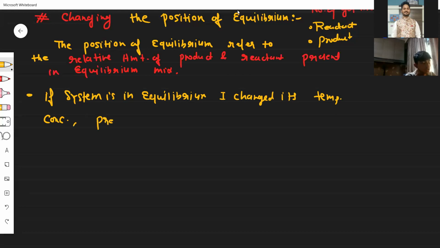So anything I can change here. If I do some modification, how the reaction is going to respond, that we need to check.